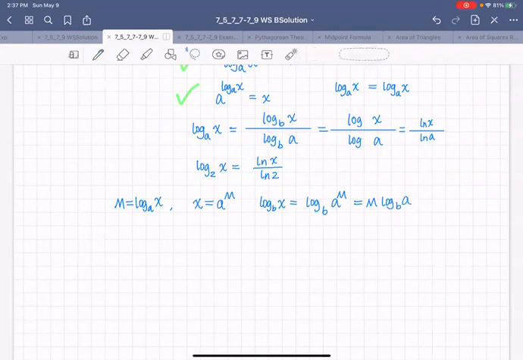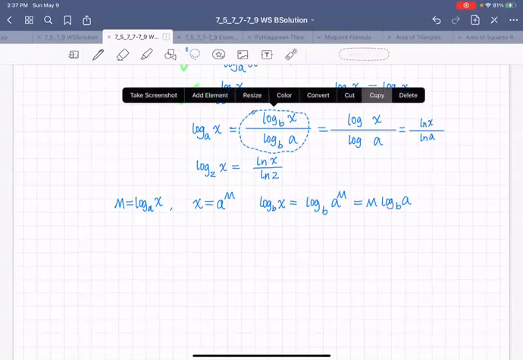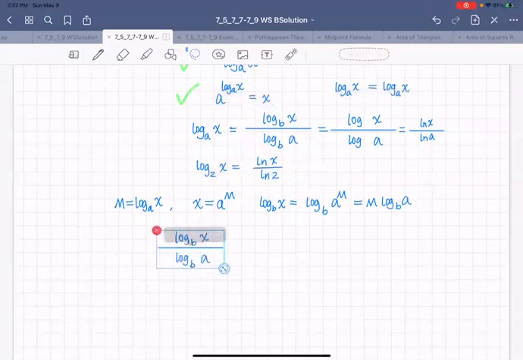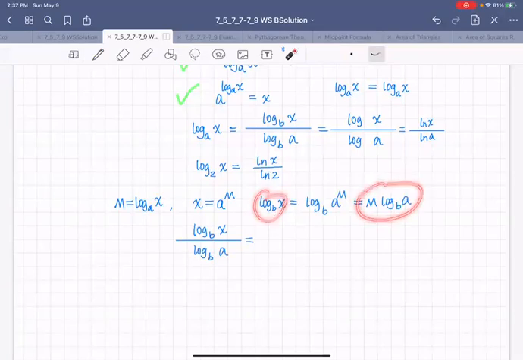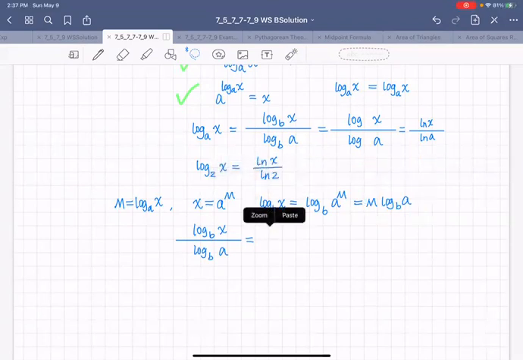Now let's do here. That guy will equal m, this will be replaced by here. So let's plug in. This over log base b of a.